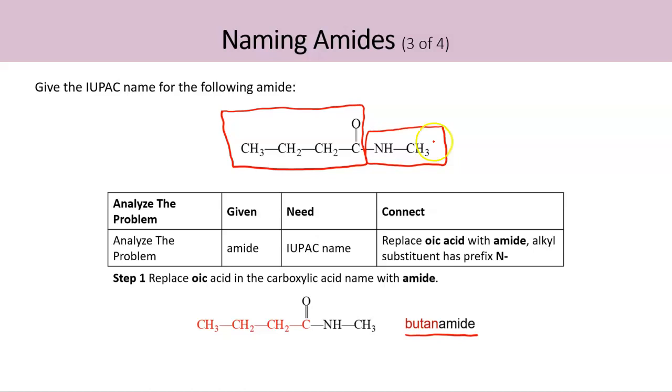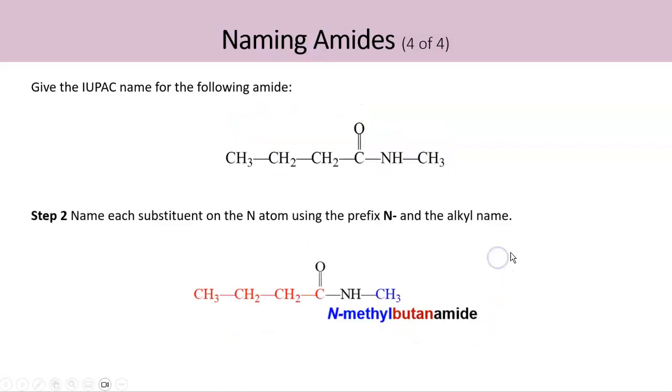In this example, there is a methyl group connected to nitrogen and there's only one alkyl group. So we have to incorporate that fragment name in front of the butanamide. Since there is only one methyl group, we would just name it N-methylbutanamide. N-methylbutanamide is the correct IUPAC name for this particular amide.